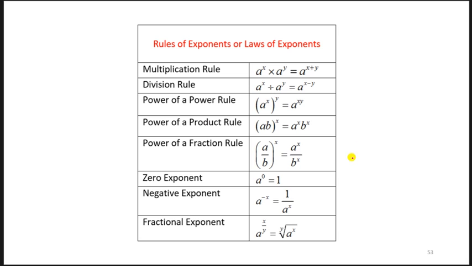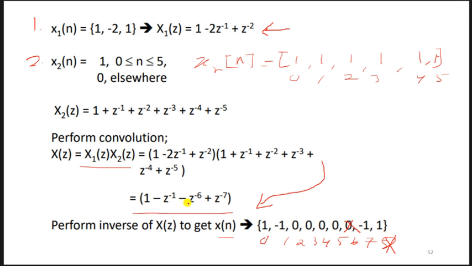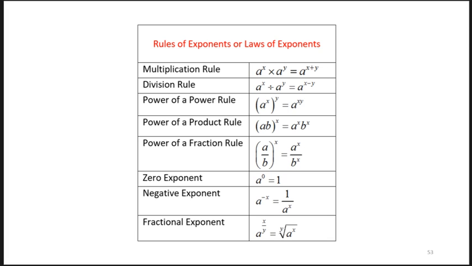So you have to use these rules to get this result, so that you can use this easily. This is how you can do convolution also. If it's not stated which method you should use, then you are free to choose any method you want. Alright, so we stop here for now, and we will continue with the properties of convolution and linear time invariant systems.